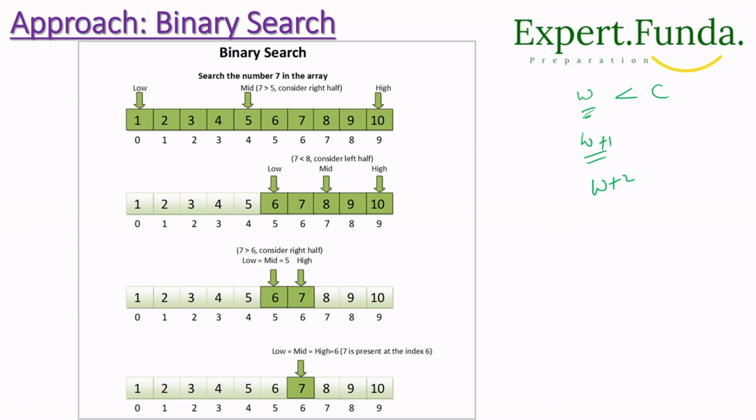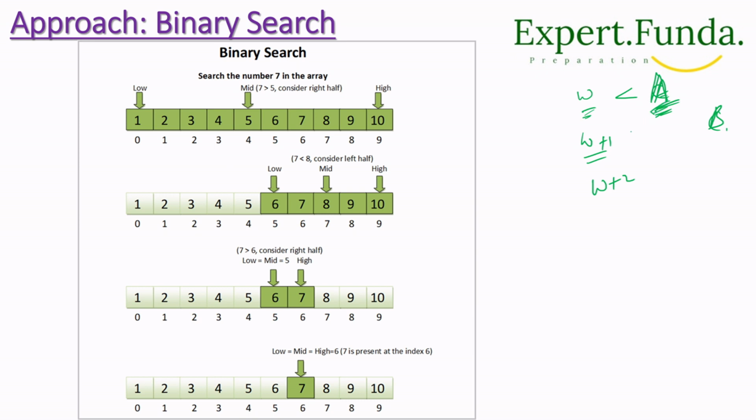If we cannot ship the packages in the required days with some capacity, let's suppose capacity A, then we can never ship the packages with a capacity less than A.